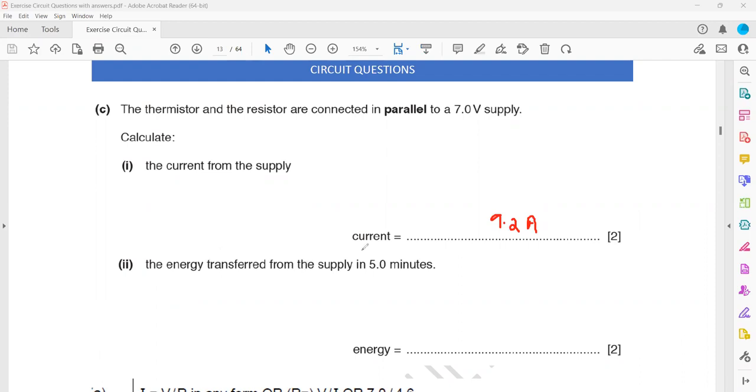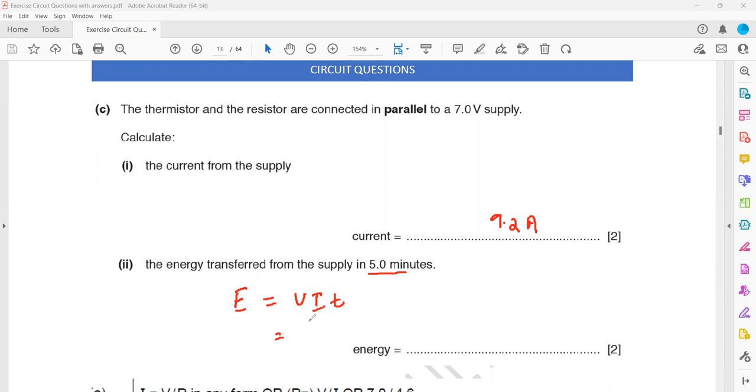Then, the energy transferred from the supply in 5 minutes. Energy is equal to power times time, or we can say voltage times current times time. The electrical energy can be in kilowatt hours or in joules as well.